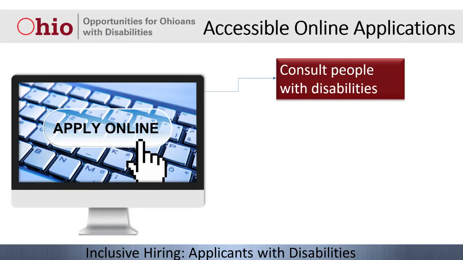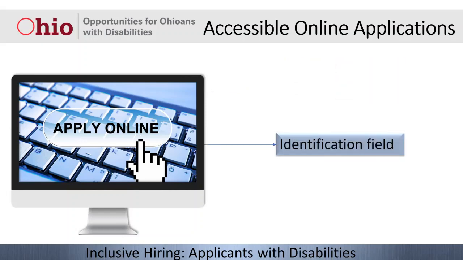There are times an applicant will need to request an accommodation and you want that to be easy to do. Also, some online application systems have a field for applicants to check yes or no to indicate whether they have a driver's license. When an applicant checks no, the system will not permit them to continue in the process.